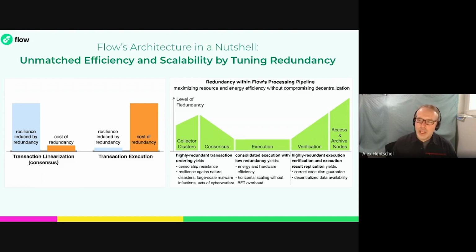And then again, in the verification node and access node steps, where the data comes out of the system, there again we add a lot of redundancy for decentralization and robustness. That essentially gives us the best of both worlds, right? It gives us the full robustness and resilience of a fully decentralized system, and it gives us the energy and resource efficiency of low redundant computation in the middle step.